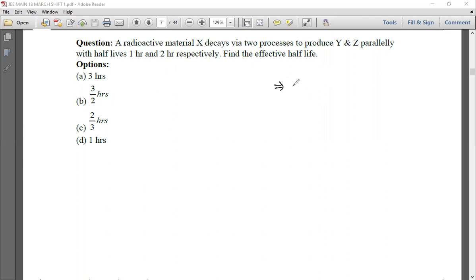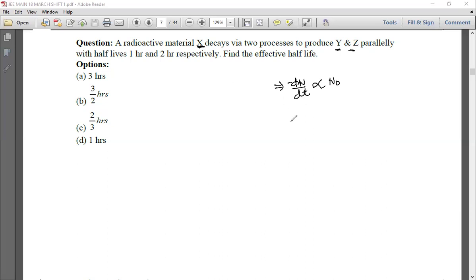So here dN by dt is directly proportional to N. This is what radioactive decay law. The rate of disintegration is directly proportional to number of nuclei present at that instant of time. And here you are having X, and X is decaying to produce Y and Z है ना.